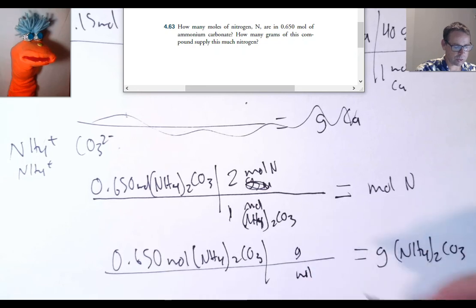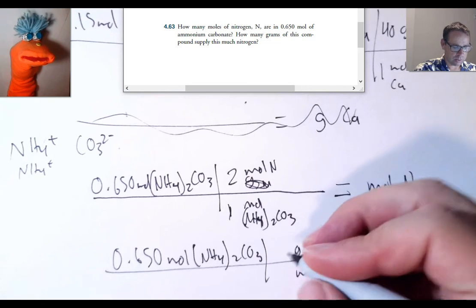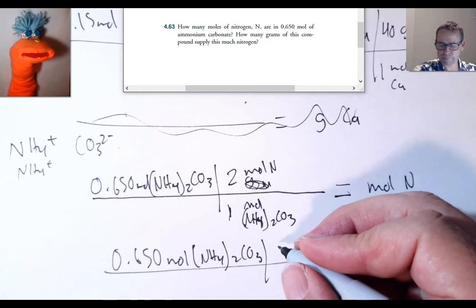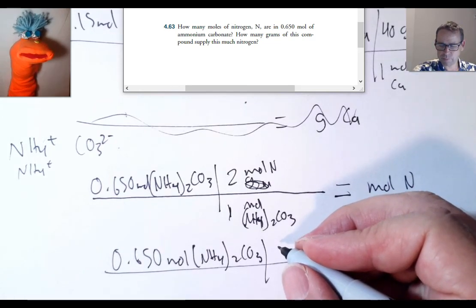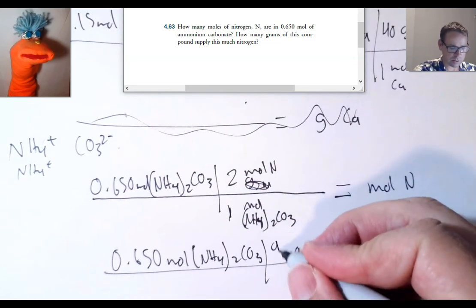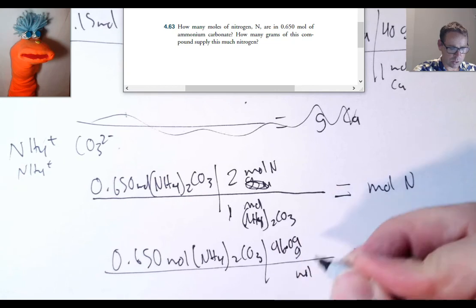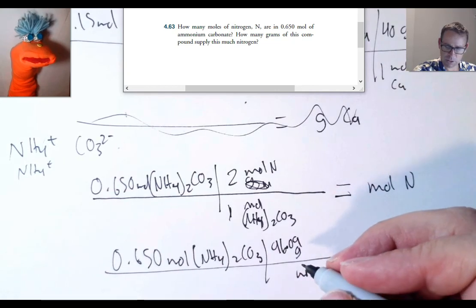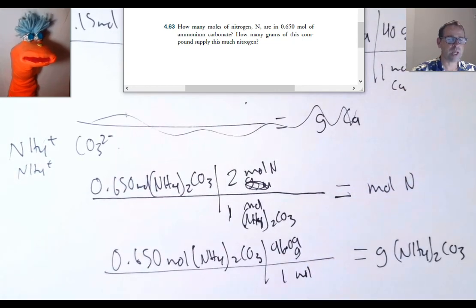So I go from moles to grams. Molar mass of ammonium carbonate, was that 106? It's 96.09 grams per mole. Okay, good.